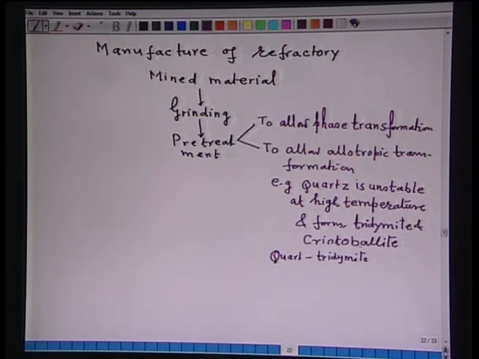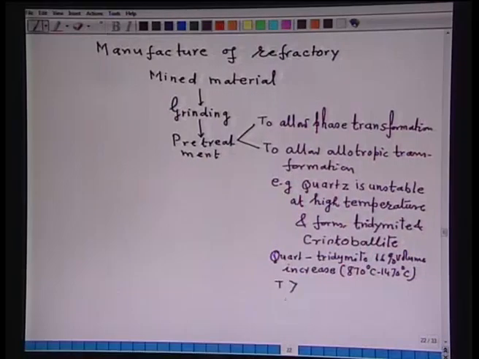This transformation is accompanied by a 16% volume increase. Note down, this is very important. 16% volume increase, and this transformation temperature is 870 degrees Celsius to 1470 degrees Celsius.